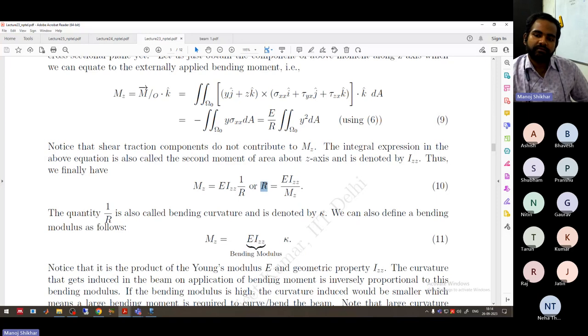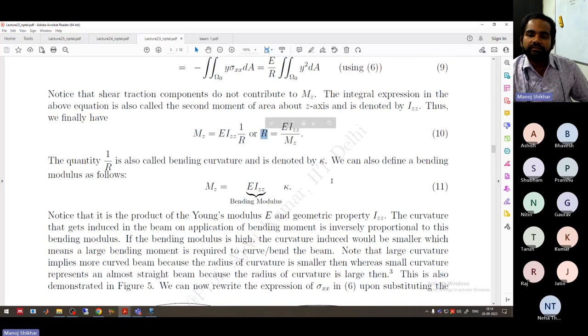Here r is the radius of curvature, and we can also replace this 1 by r by a quantity called bending curvature, denoted by kappa. So the bending moment mz is defined by the bending modulus EIZZ into kappa.